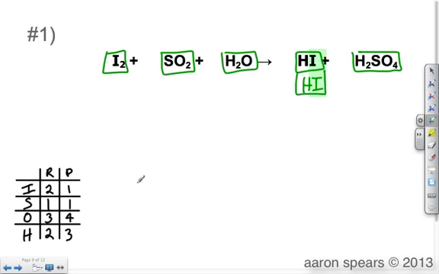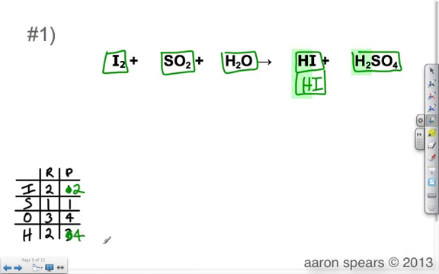Now I have 2 iodine atoms on the product side. But I'll notice that in this box of hydroiodic acid, it not only contained iodine atoms, it also contained hydrogen atoms. So I need to readjust my list to account for this additional hydrogen that was added. So on the product side, I now have a total of 4 hydrogen atoms.